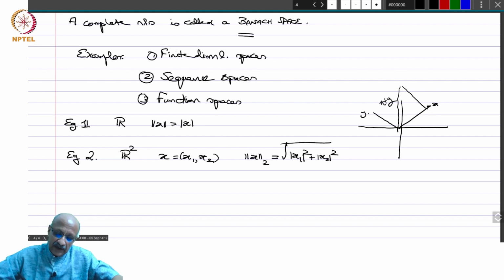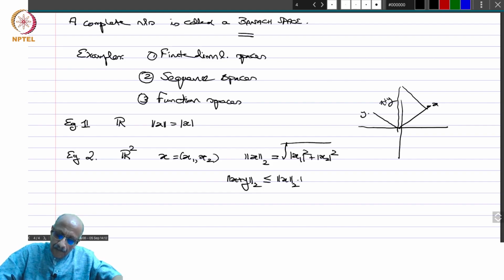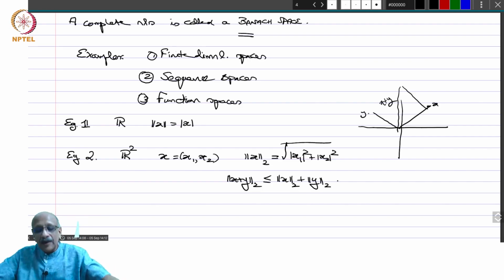So that immediately tells you that norm x plus y 2 is less than or equal to norm x 2 plus norm y 2. In fact, the name triangle inequality comes only from this case, because this is the generic case, and from this generalizations have been done, and therefore this shows that this is a norm.